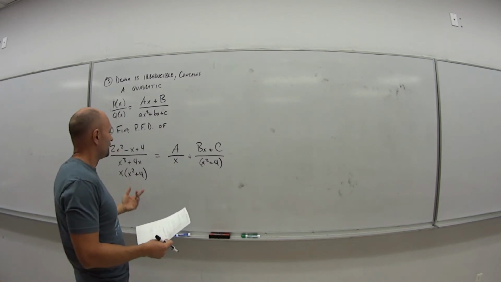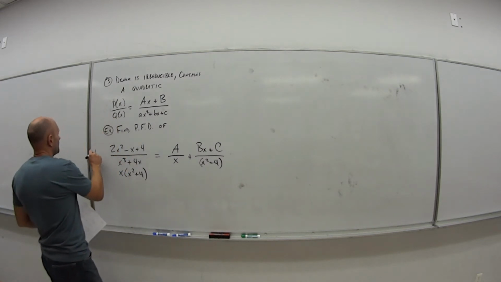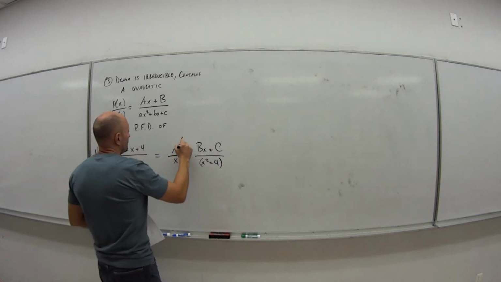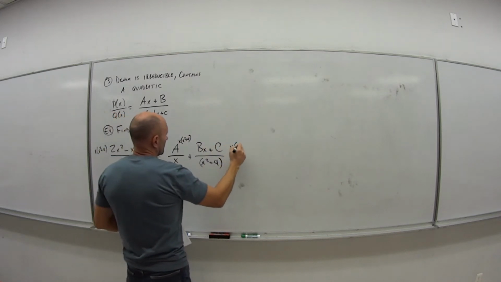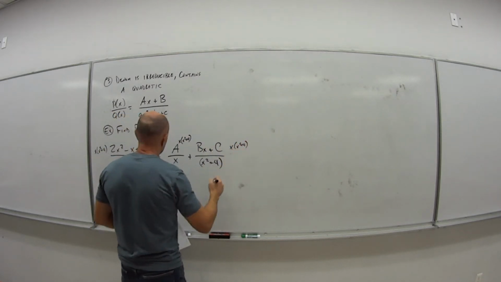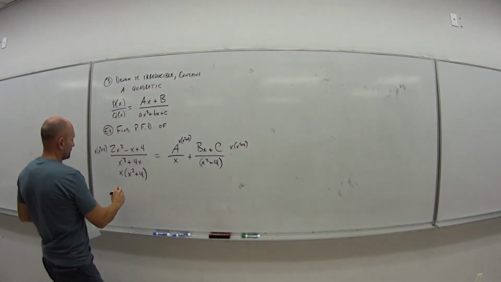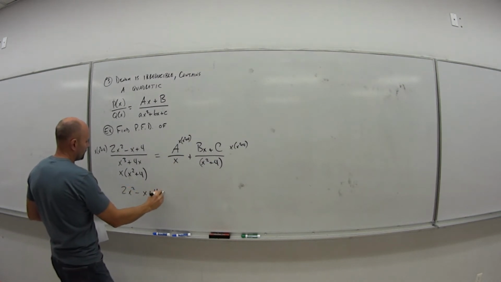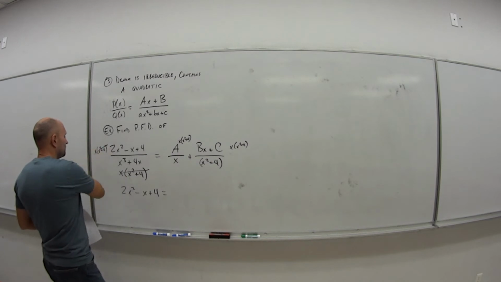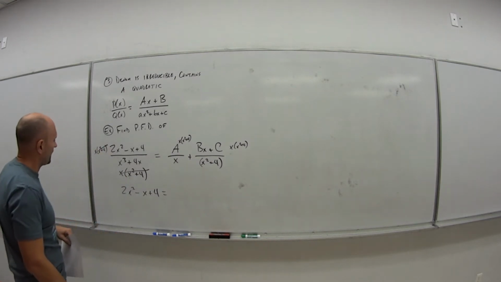So now, again, multiply by the LCD, x times x squared plus 4. So on this side, as before, I'm left with 2x squared minus x plus 4. This side, the denominator should always cancel out everything.